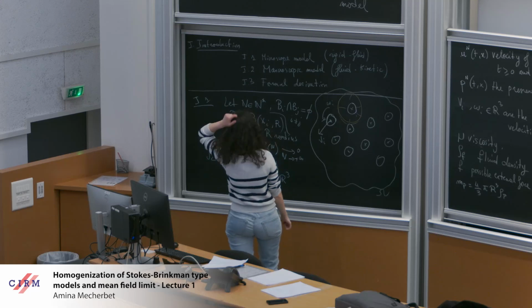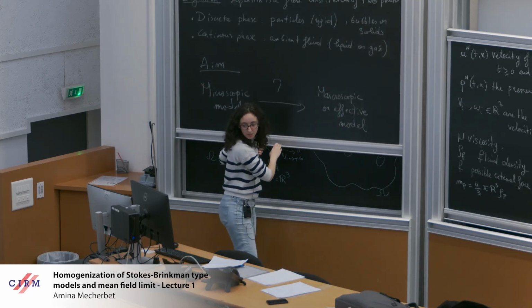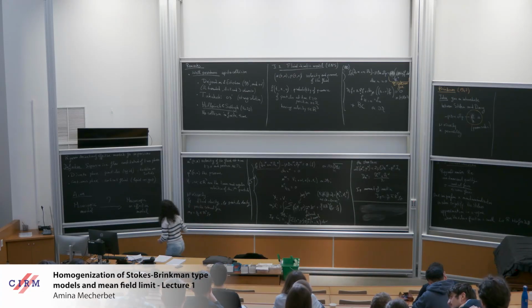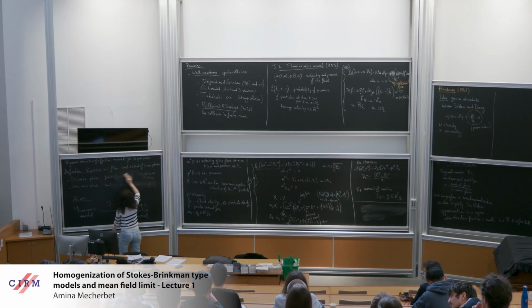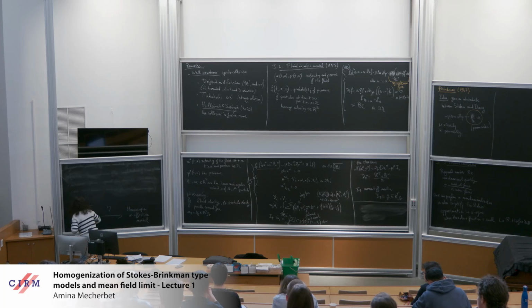So we will focus on one particle and neglect inertial effects. This means we are considering a Stokes equation on the whole space minus one spherical particle. So the setting is the following one.